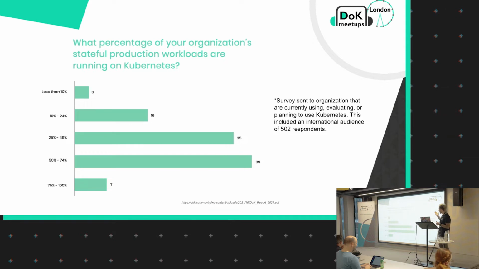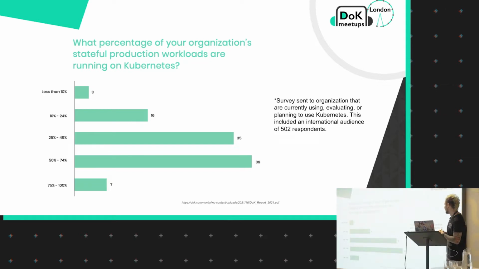So you can also check this report from DOK, which you can find on dok.community. It's a much more comprehensive report than that. But one of the features I wanted to highlight here is what percentage of your organization's stateful production workloads are running on Kubernetes. So you can see that if you remove the 24%, the vast majority is between, let's say, 25% to 100%, with probably this slot, which is the maximum, between 50 and 74, which is a lot.